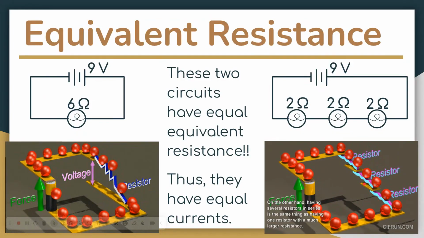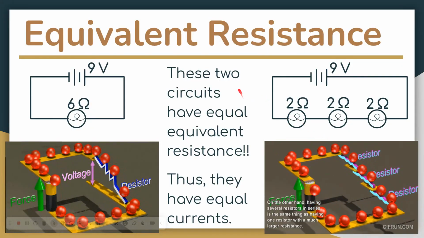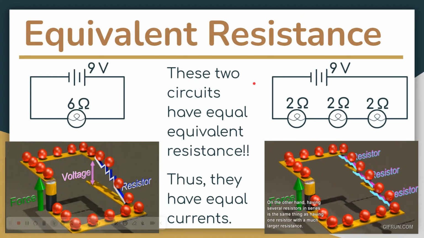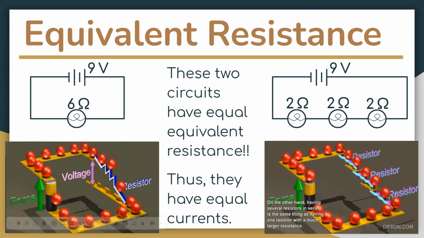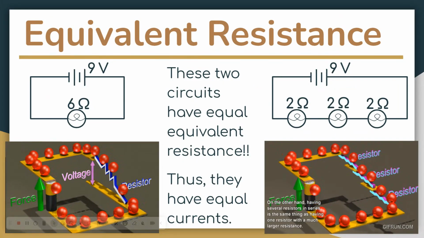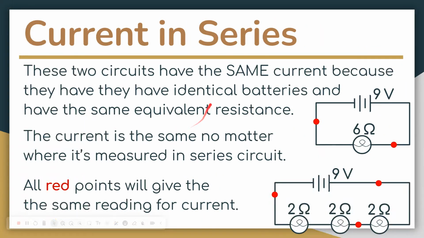Each of these is a little smaller resistor. These are 2, 2, and 2. And so these two circuits have equal equivalent resistance, and they thus have equal currents. They have the exact same motion of those charges through them. And again, you can see both of them have that same downhill flow. It's just this one goes through 3 smaller resistors versus 1 larger one. Equal amounts of current.